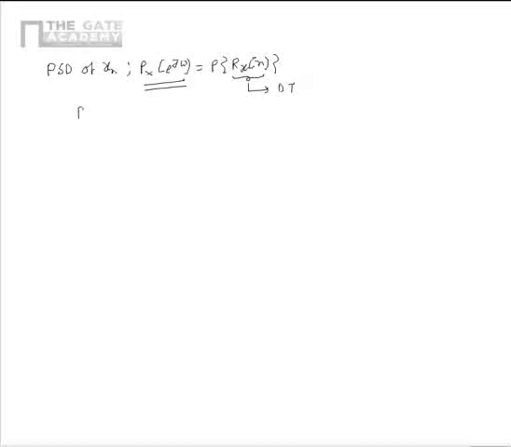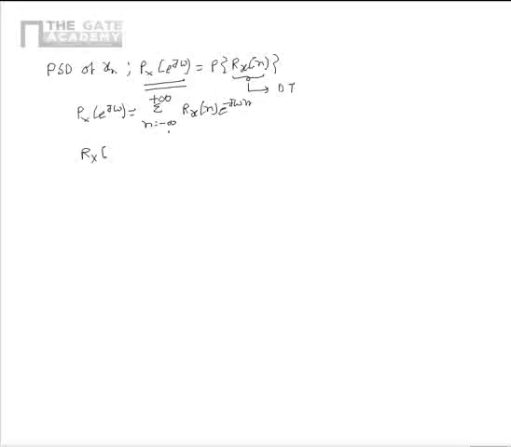From this, we can write that Px(e^jω) is equal to the sum from n equals minus infinity to plus infinity of Rx[n] multiplied by e^(−jωn).